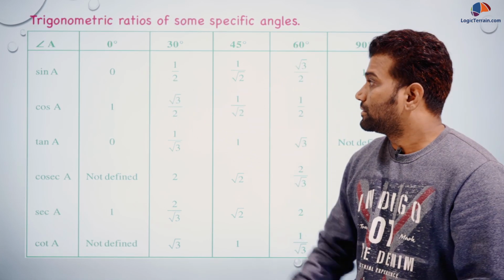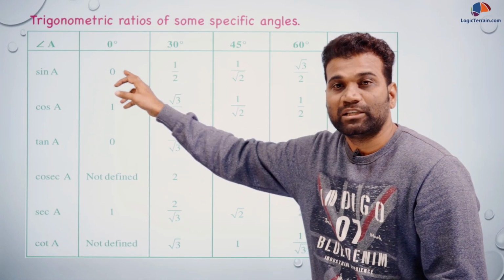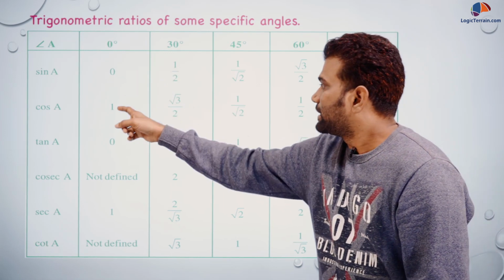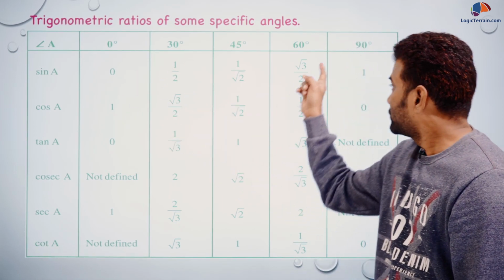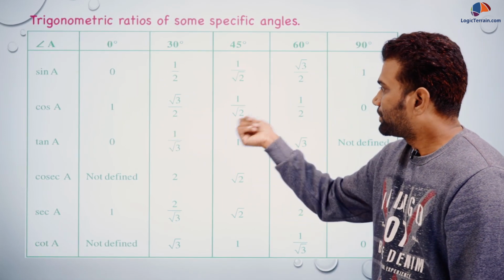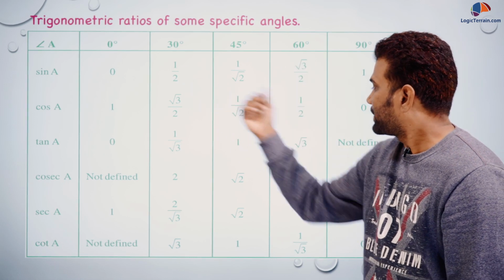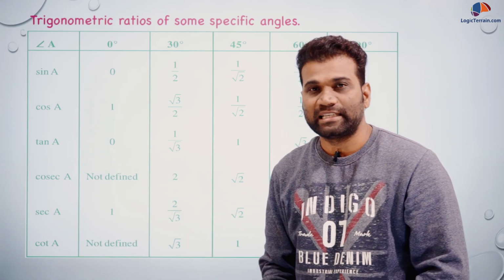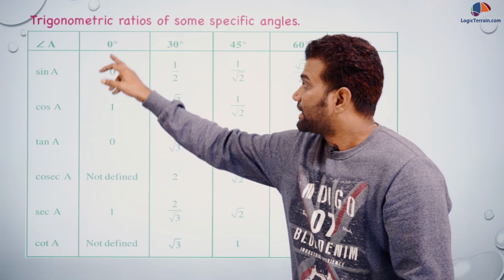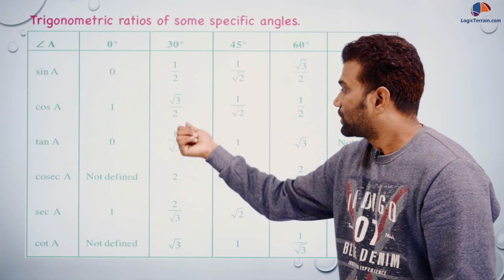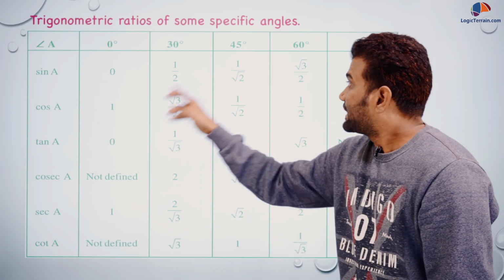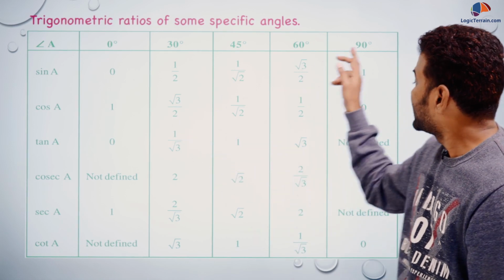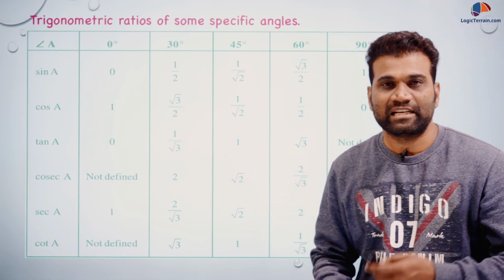So sine theta value varies from 0 to 1, and cos is the reverse: cos 0 is 1, cos 30 is square root 3 upon 2, cos 45 is 1 upon square root 2, cos 60 is 1 upon 2, and cos 90 is 0. And tan theta: tan 0 is 0, tan 30 is 1 upon square root 3, tan 45 degrees is 1, tan 60 degrees is square root 3, and tan 90 degrees is not defined, that is undefined.